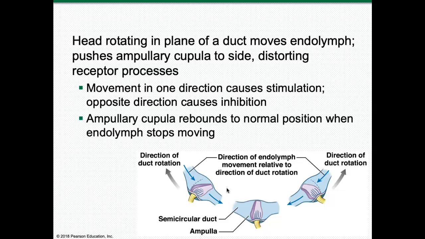When we move our head in a plane of the duct, it moves the endolymph, and the endolymph inside the membrane will push the ampulla to one side, distorting those hair cells, causing an action potential.